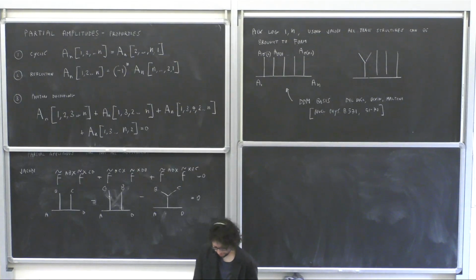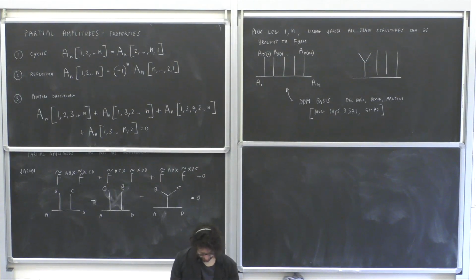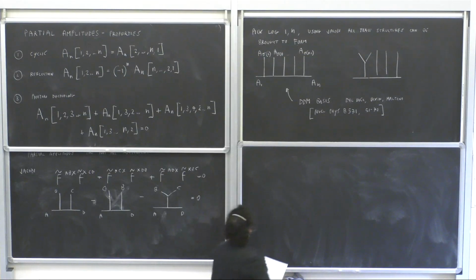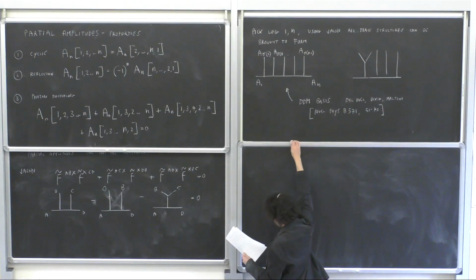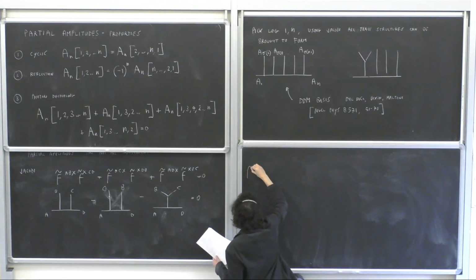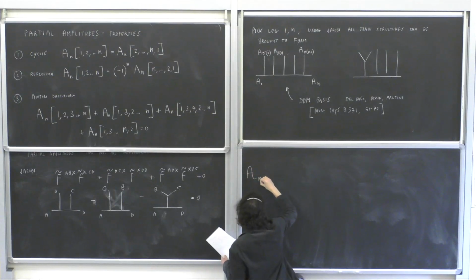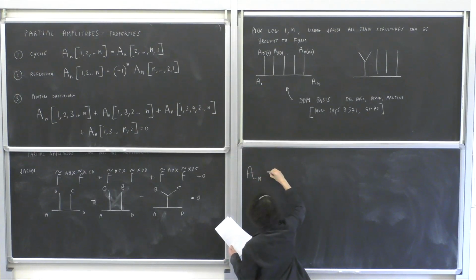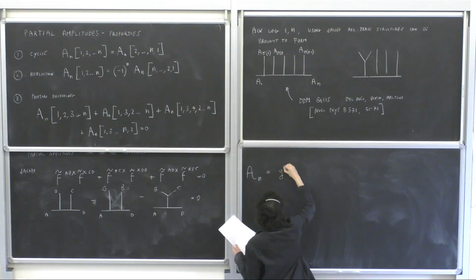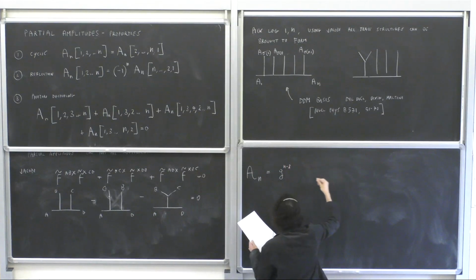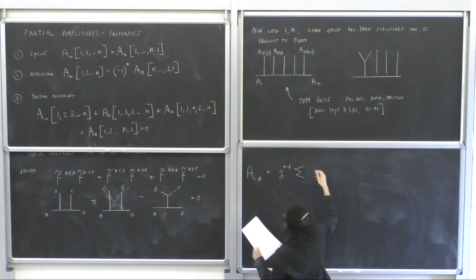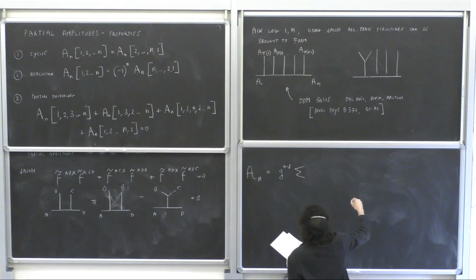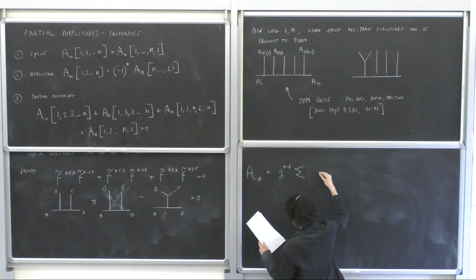So at this point, the statement of the basis is the following: that our amplitude, color dressed, n-point, can be expressed as a coupling constant, which had probably not appeared explicitly in some of the previous expressions.